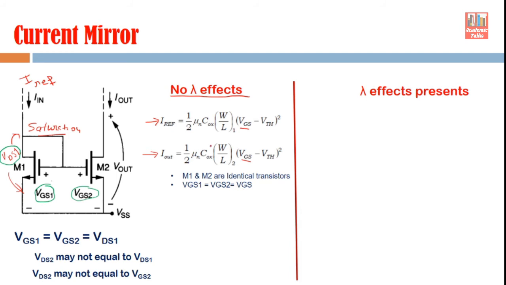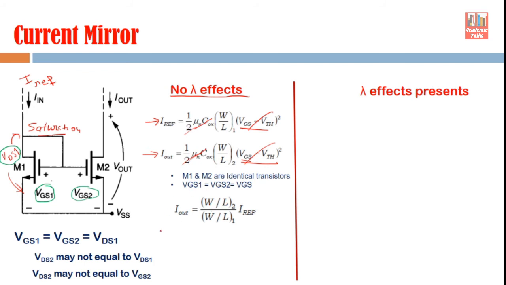That's why we are mentioning it just VGS. Now if you take the ratio of these two currents, what we get is this, because this whole part will cancel because they are the same. What is left behind is W by L. This part will also cancel, because VGS is the same and VT is also the same because they are identical MOS transistors. So this ratio of I out to I reference will be like this.